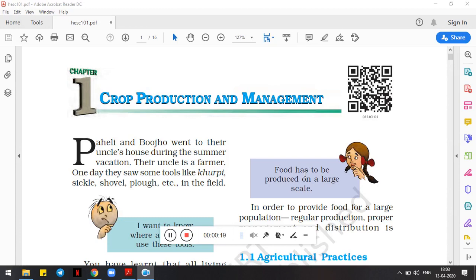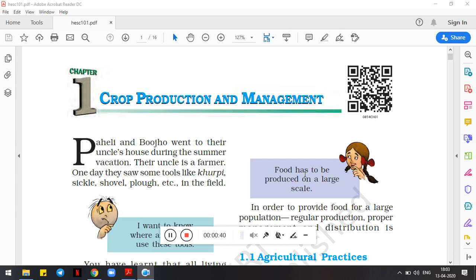Your first chapter is crop production and management. You must have realized by now during this lockdown that crop is very important. Crop production is very important and management of this crop production is again very important.